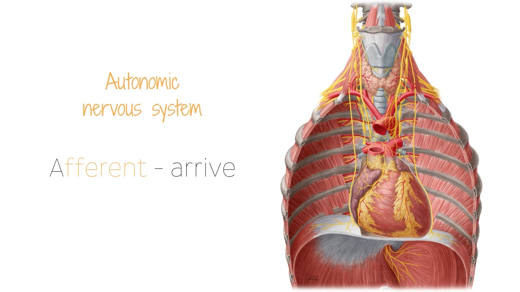Afferent, A, they arrive, and efferent, E, for exit. This simple mnemonic can help you remember that afferent nerve fibers are carrying impulses towards the CNS, or the central nervous system, while the efferent nerve fibers carry impulses away from the CNS to the effector organs.